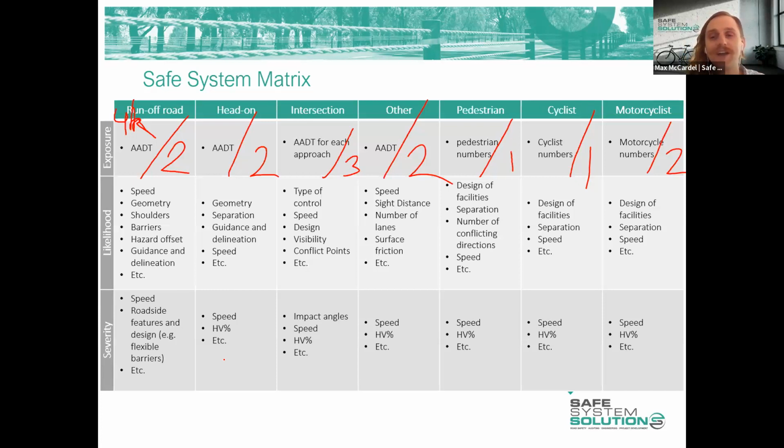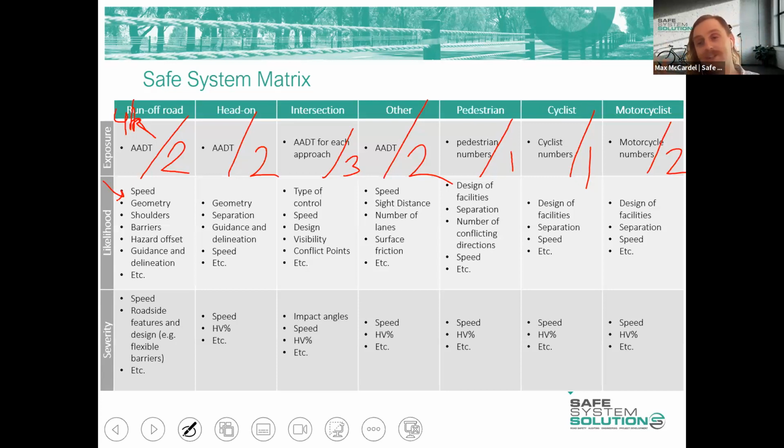So we've just jotted down some dot points. It's not every single dot point that you could imagine here, but things that will influence your runoff road crashes occurring. What's the speed? Are there curves in the road or anything like that? Are there sealed shoulders? Are there barriers there? What's the offset to those hazards?